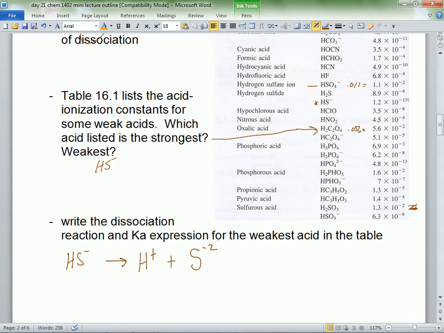HS minus has overall charge minus 1. Well, the charges have to be balanced on both sides. So over here, you have a plus 1 and a minus 2, which adds up to be a minus 1. So that's another trick to doing this. Oh, and they want the Ka expression. Fine. Products over reactants. Okay.